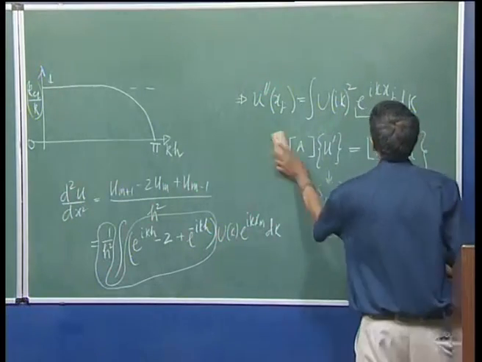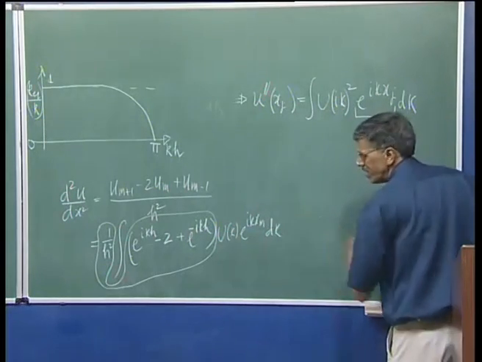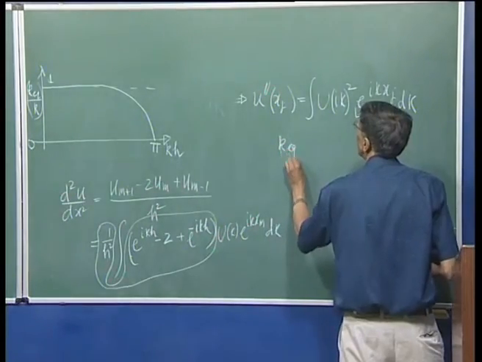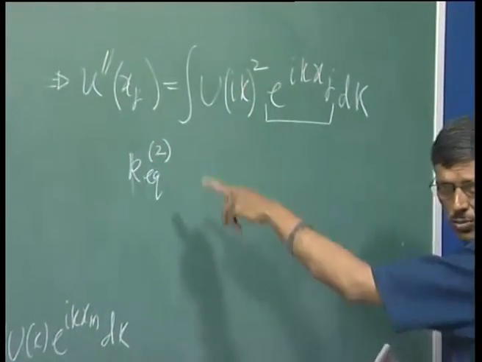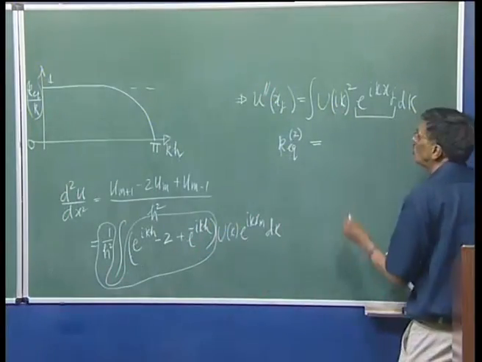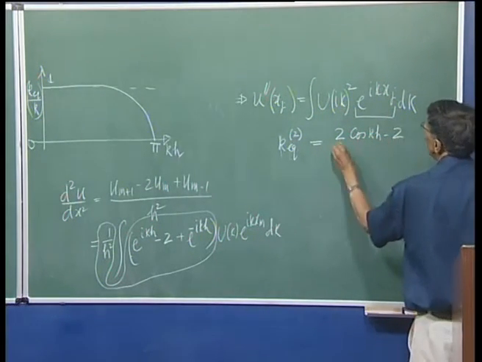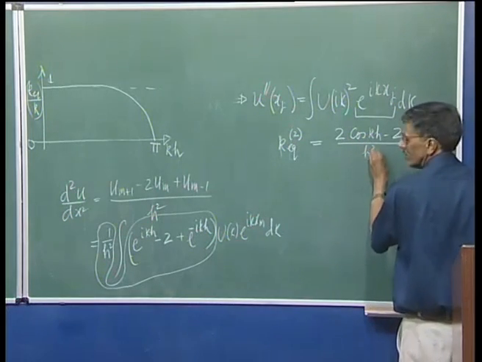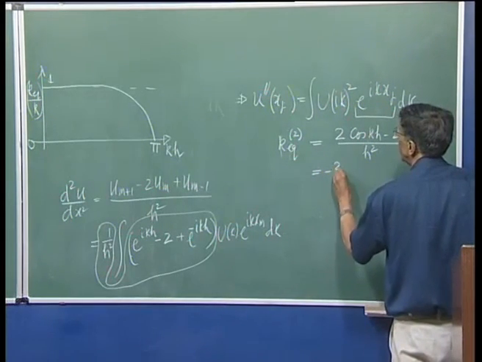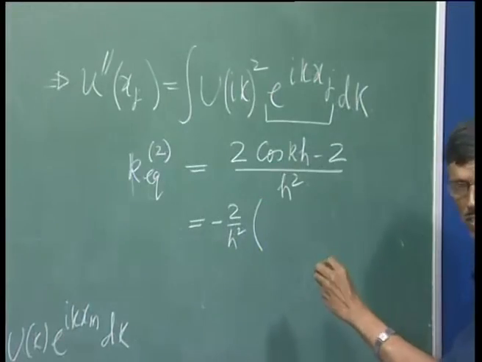So, what I would do is basically see what it is. If I call that k equivalent for the second derivative, not square, that is why I will put it in the bracket, that will be nothing but this 2 will give me 2 cos k h minus 2 by h square, right. So, what I could write is 2 by h square times 1 minus cos k h.